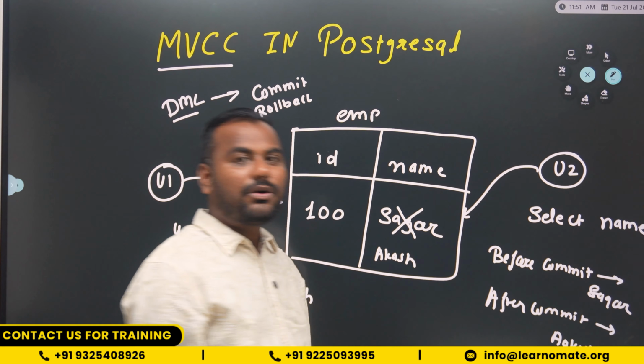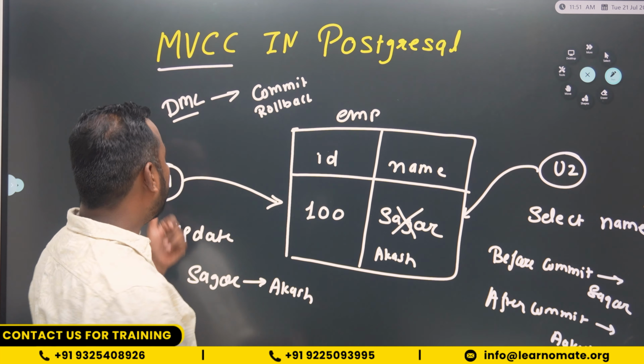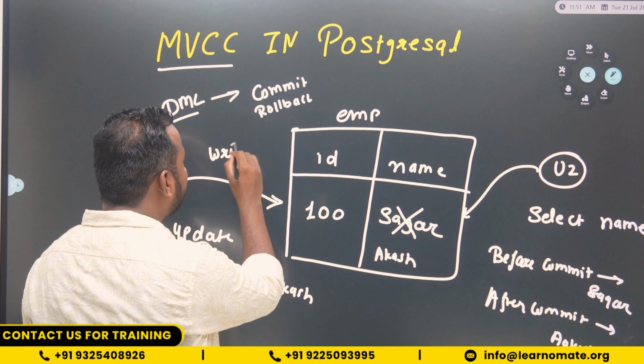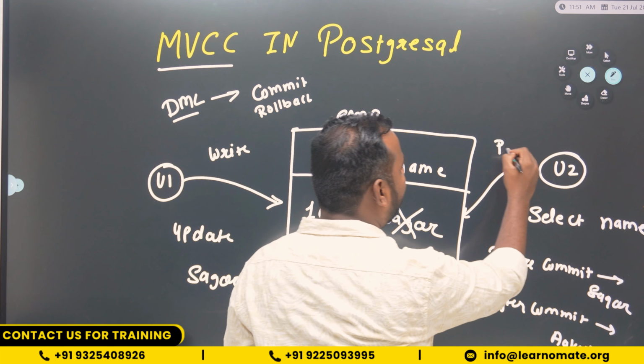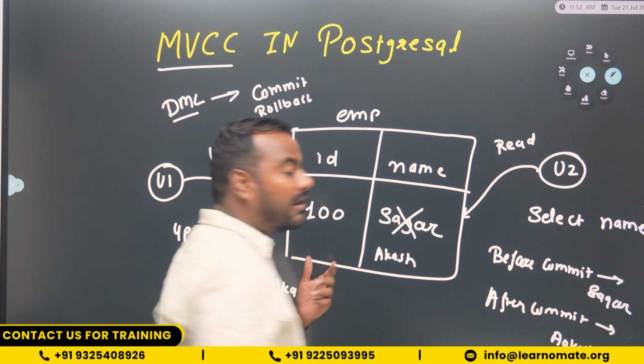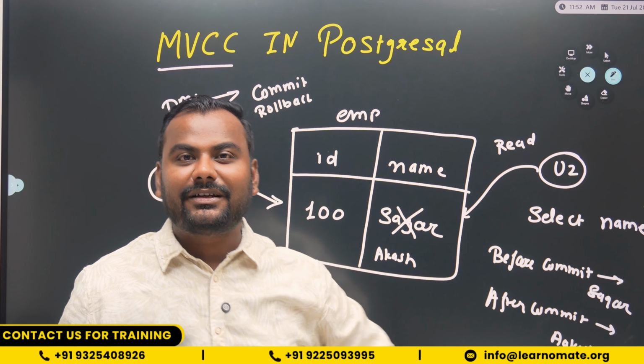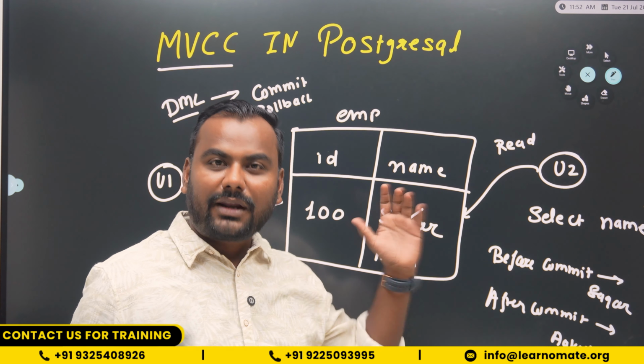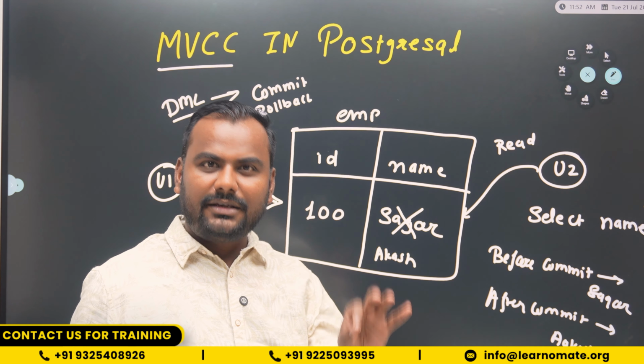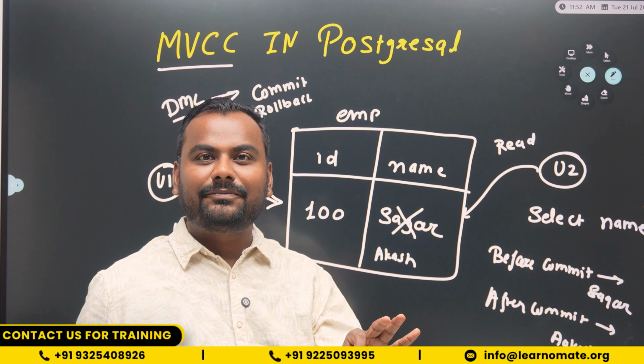So what you understood from here is that your write operations and read operations can run in parallel. They are not blocking each other. Your write and read are running in parallel.